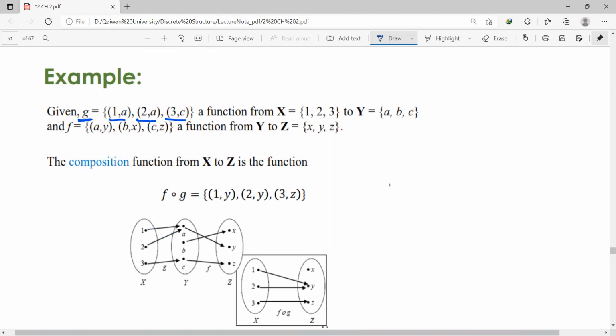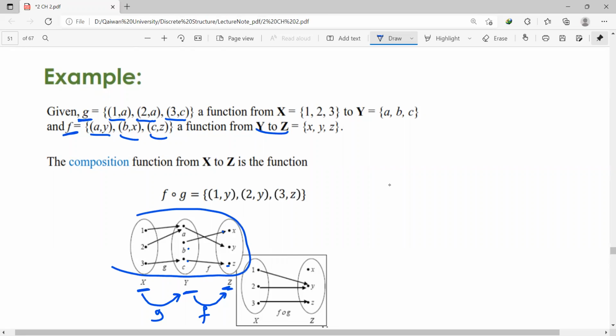This is function G. And also, F is a function from Y to Z. This is Y and that's Z. Look, G is from X to Y, and F is from Y to Z. This is G, this is F. F is defined by AY, BX, CZ. That means between A to Y, B to X, C to Z.